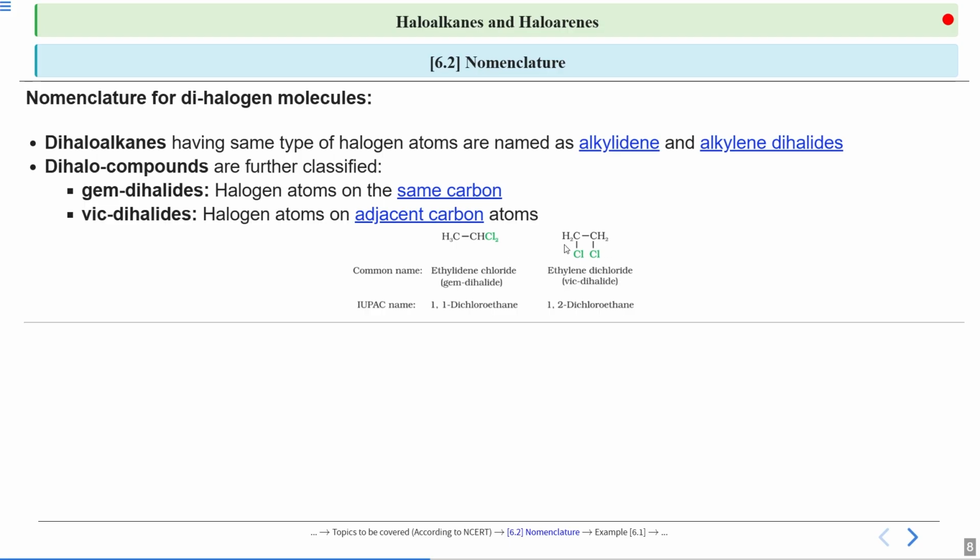But when two halogens are present on adjacent carbons, meaning side by side, the common name will be ethylene, or alkylene, whatever alkyl group is present, dichloride. This is a vicinal dihalide, and the IUPAC name will be 1,2-dichloroethane, because the first and second position carbons both have chlorine.